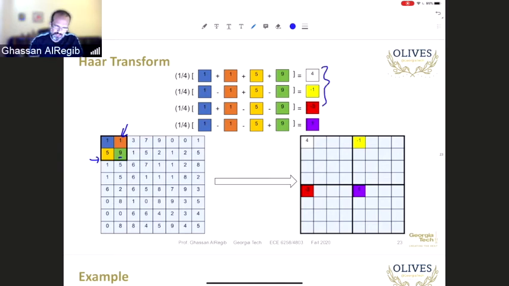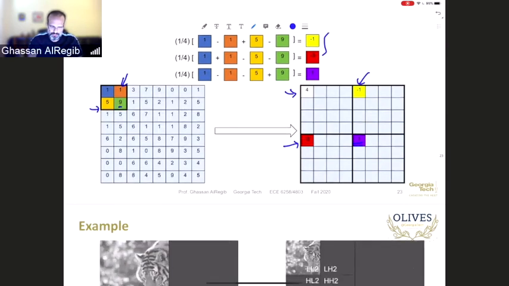The first one is the average, as we had before, and then the second, third, and fourth details. I keep repeating the same procedure to populate all of these. You can do the same procedure to 3 levels. In this case, it was an 8x8, and we can do 3 levels of decomposition.